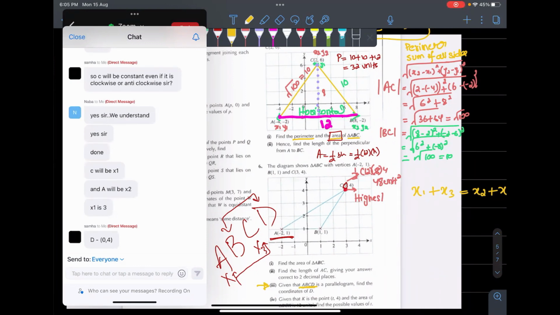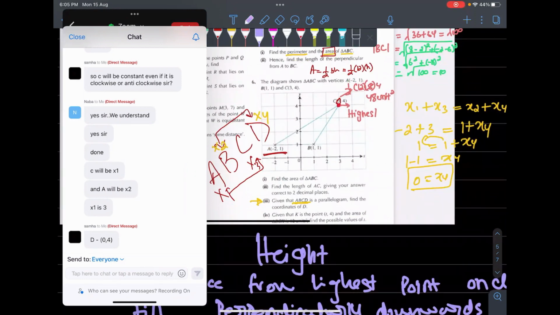So x1 is -2, x3 is 3, equals x2 will be B, and x4 will be D. The coordinate of B is 1, plus we do not know the coordinate of D. So -2 plus 3 is 1 equals 1 plus x4. 1 will come over here, 1 minus 1, 0 equals x4. So the x coordinate of D is 0.